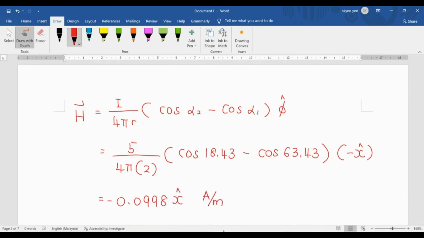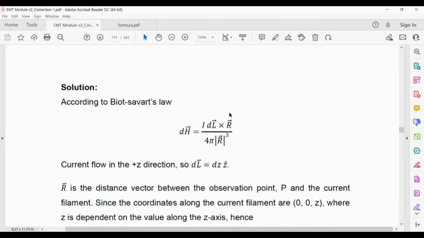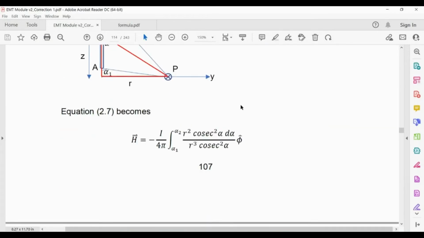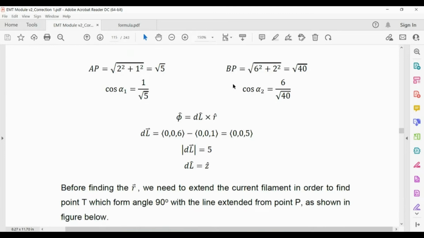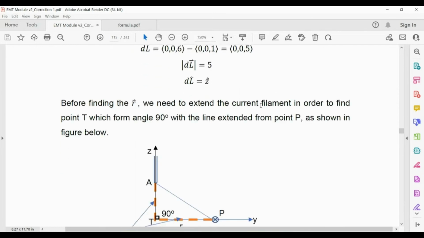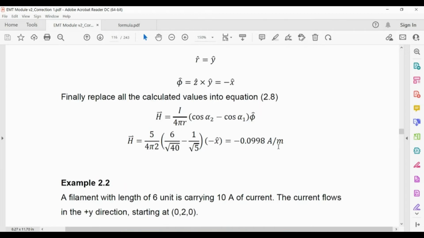Amperes per meter is the unit. Is it the same answer? Okay, the same answer. It is in the x direction, so the direction was missed out. It should be negative x.